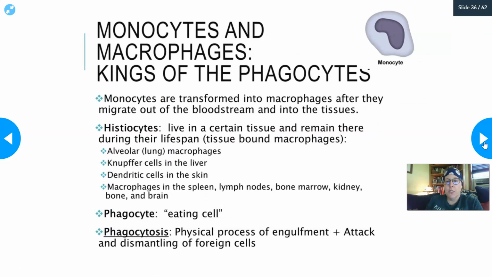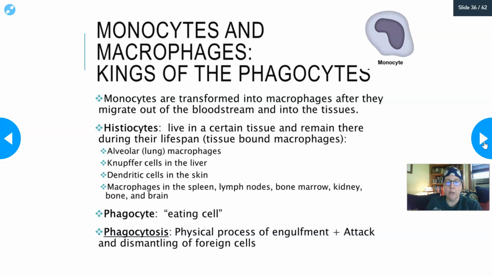Monocytes and macrophages, so they're the kings of the phagocytes. Monocytes are transformed into macrophages after they migrate out of the bloodstream and into the tissues. A histiocyte is a macrophage that lives in a certain tissue and remains there during its lifespan. So they're a tissue-bound macrophage. And then they can have specialized names.